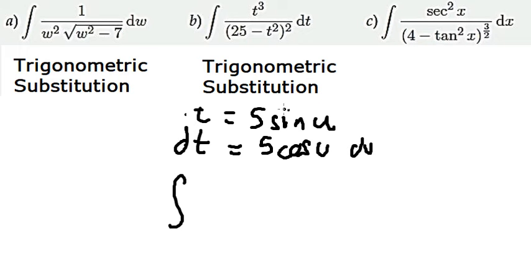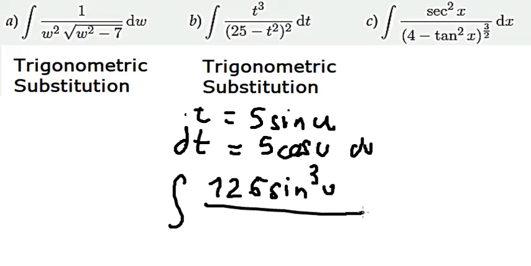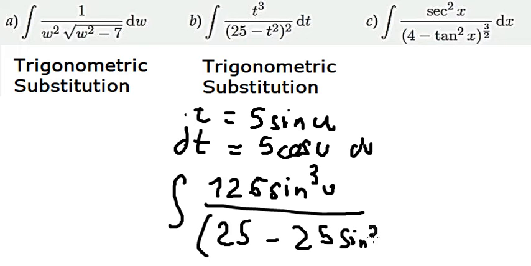So we put 5 sine u go in here and here. So you got about 125 sine u to the power of 3 over 25 minus, we put this one going here, you got about 25 sine u square to the power of 2. This one dt we change for 5 cosine u du.